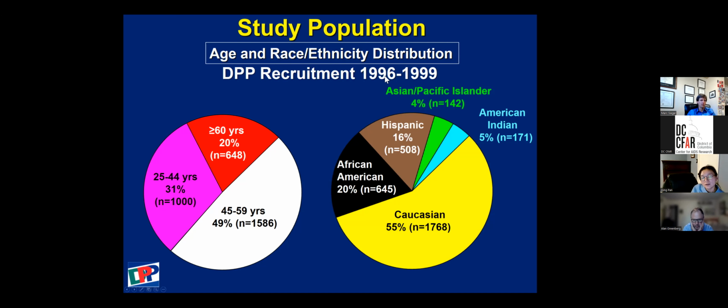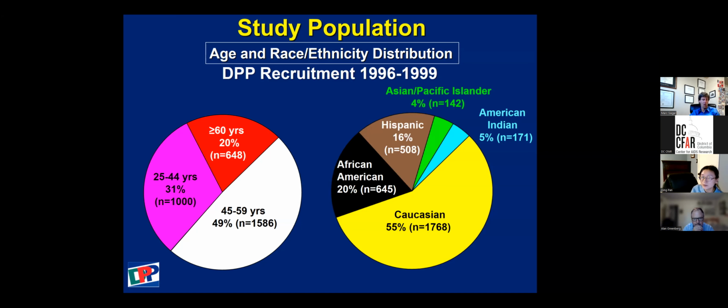So for the 3 years of enrollment and recruitment, we have mostly participants between 45 and 59, 31% younger and 20% older. The baseline median age was 50, and by now the median age is 77 or 78.